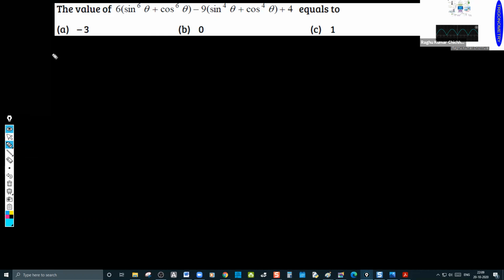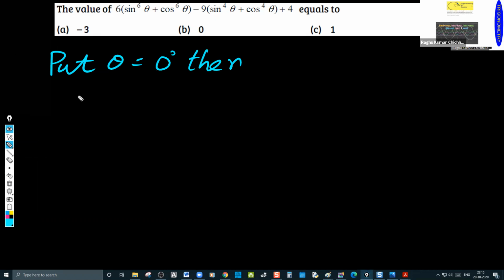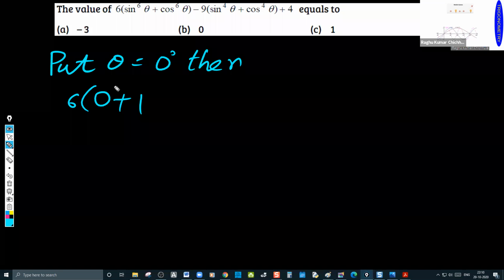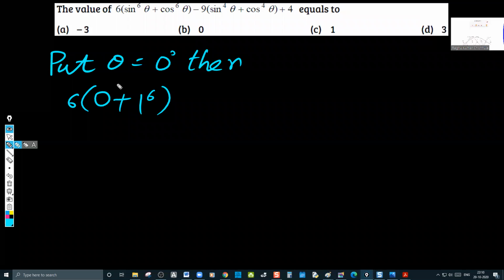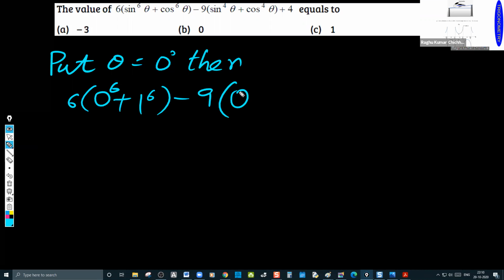So what we do, simply put theta is equal to 0 degrees. Then what happens? 6 into (0 power 6 plus 1 power 6), minus 9 into (0 power 4 plus 1 power 4), plus 4.